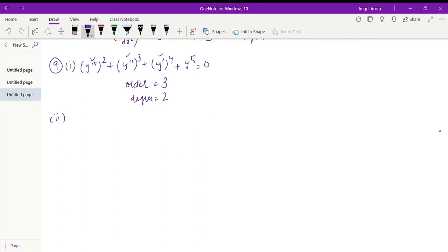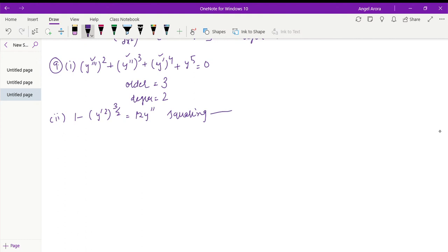Second part: 1 minus y prime squared, raised to 3 by 2, is equal to k y double prime. So in this situation we will square both sides, left hand side and right hand side.